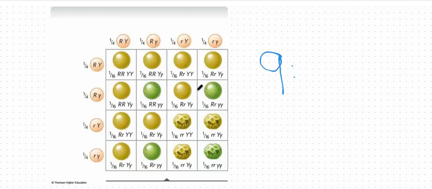I see 1, 2, 3 individuals who have round green seeds. I see 1, 2, 3 individuals who have wrinkled yellow seeds, and I see 1 individual who has wrinkled and green seeds.